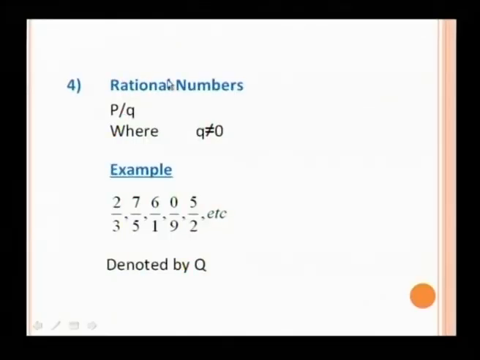Rational numbers are basically the numbers that can be written in p over q form as I defined, where q should not be equal to 0. As some examples of rational numbers, we can consider 2 by 3, 7 by 5, 6 by 1, 0 by 9, 5 by 2, etc. Rational numbers in mathematics are denoted by Q.